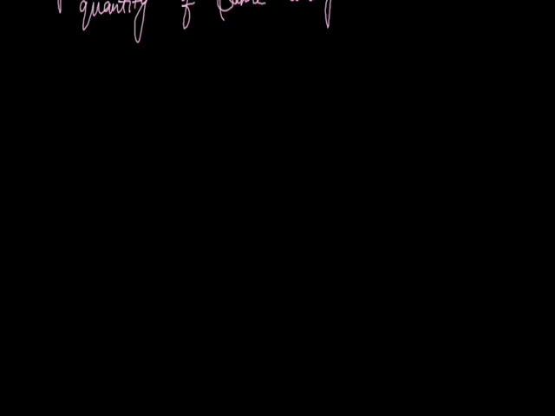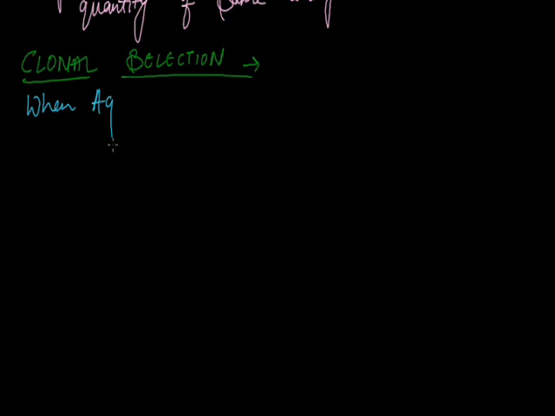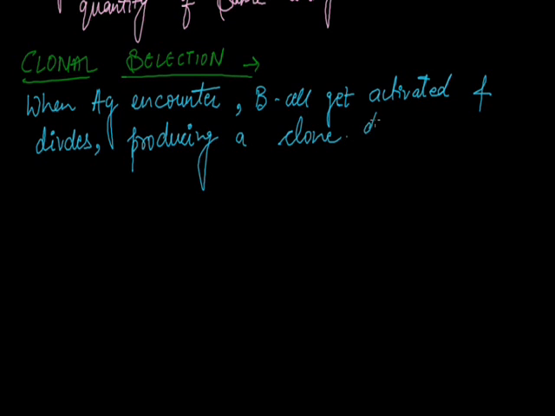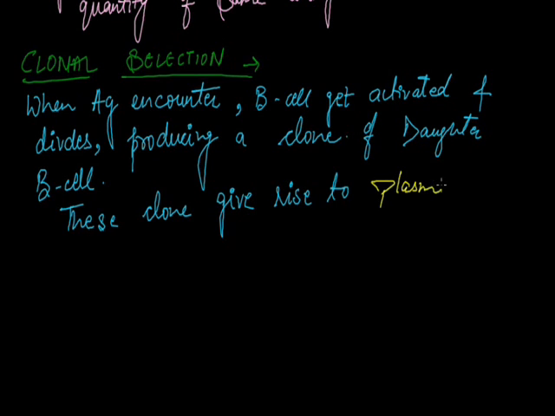Next is clonal selection. When antigen is encountered, B cells get activated and divide, producing a clone of the same type of daughter B cells. These clones give rise to plasma B cells and memory B cells.